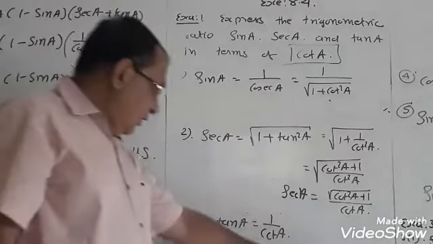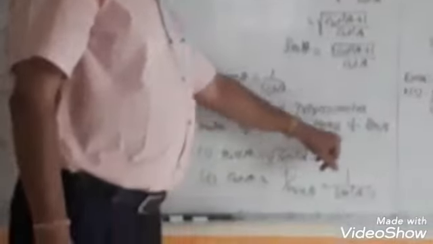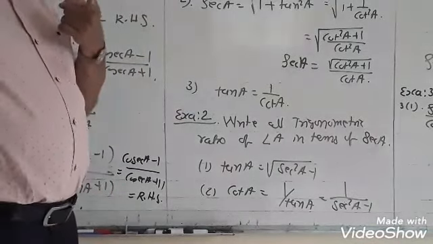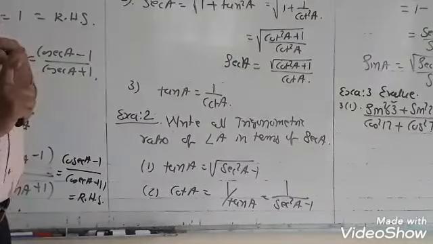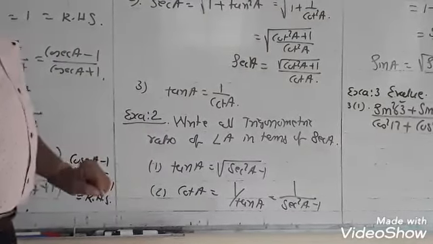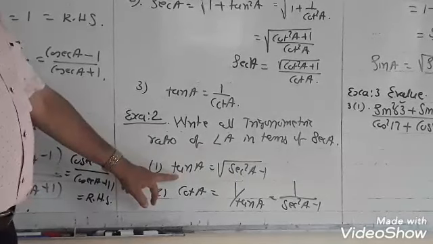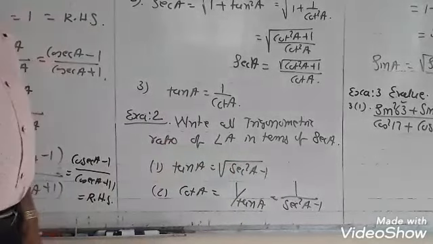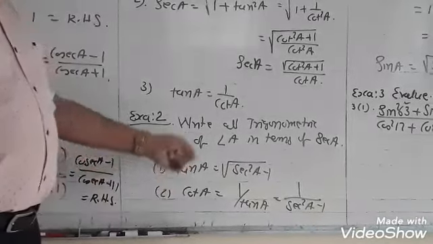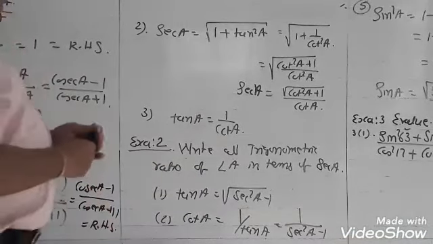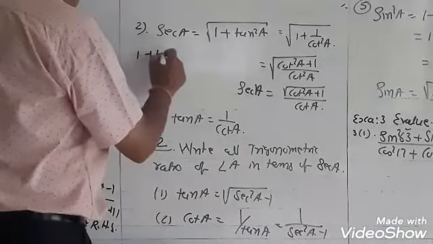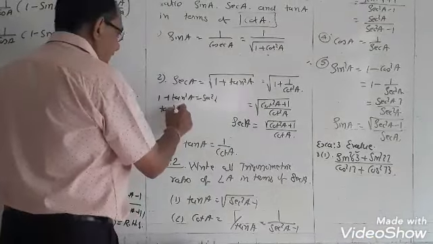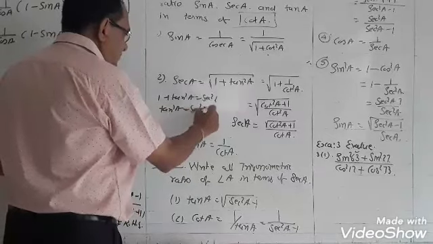Okay, write all the trigonometric ratios of A in terms of sec A. That means sin A is equal to dash sec A. First of all I have taken tan square A. Tan square A is equal to sec square A minus 1 as a formula. 1 plus tan square A is equal to sec square A, therefore tan square A is equal to sec square A minus 1.